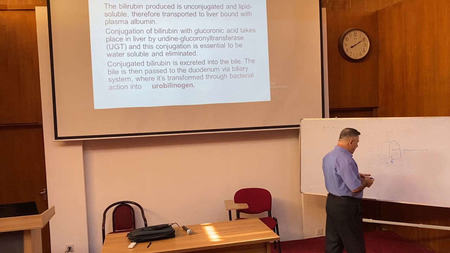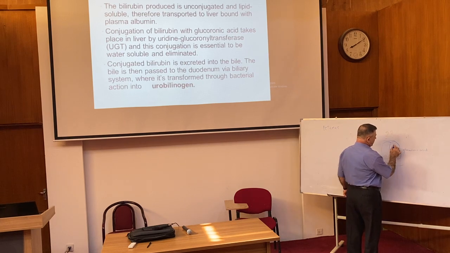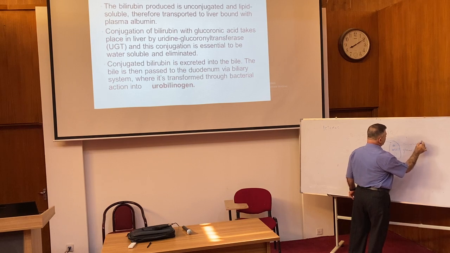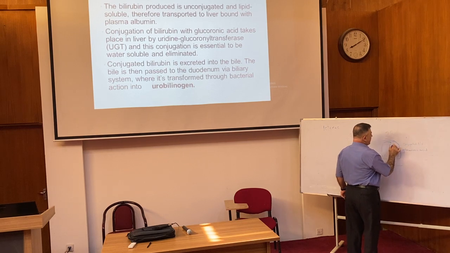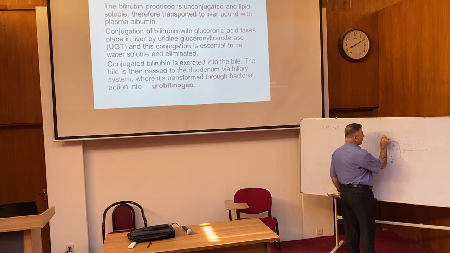When they are produced, these are called conjugated bilirubin. This is the second process, conjugation. And then it is excreted. The excretion is the third process, to the biliary canaliculi.